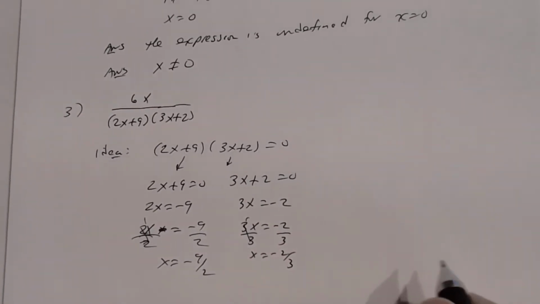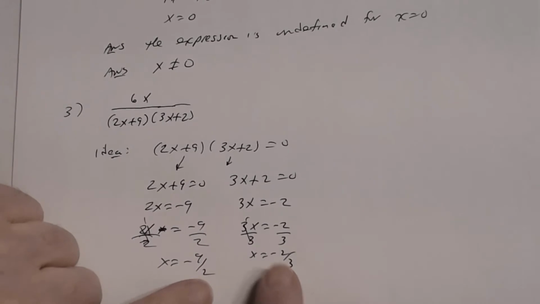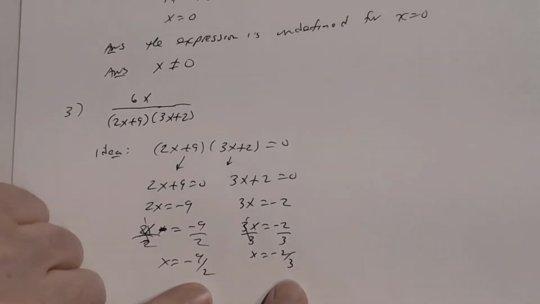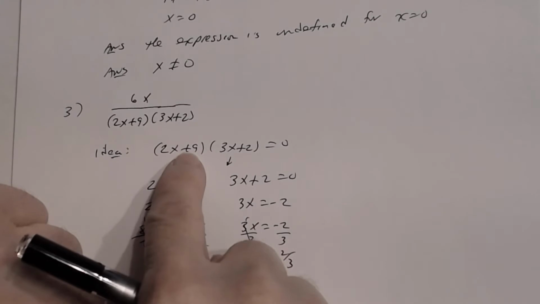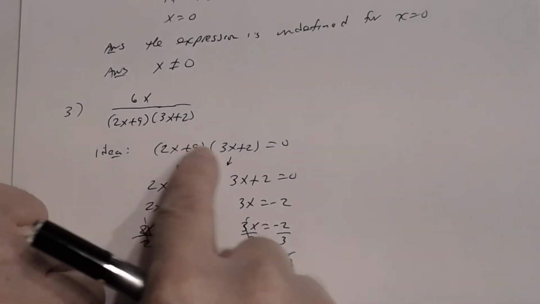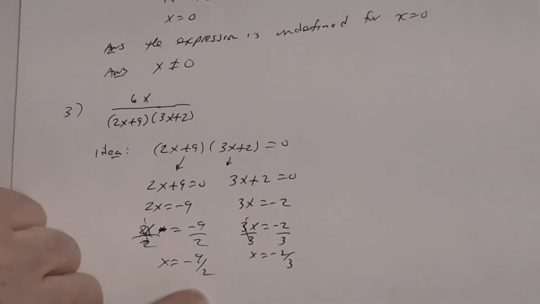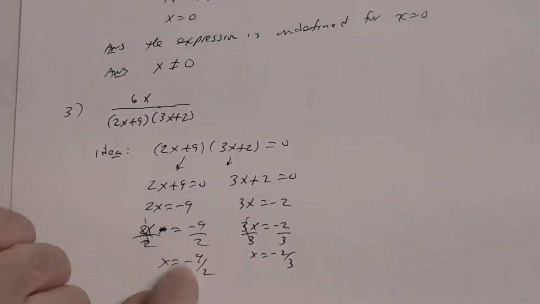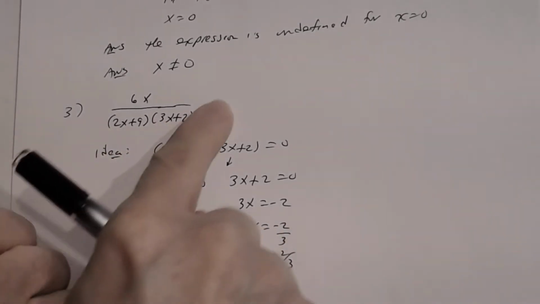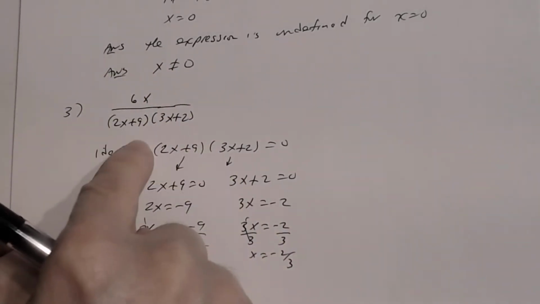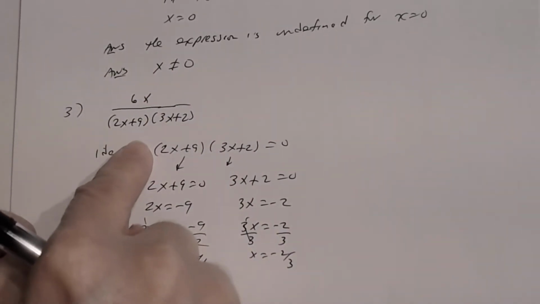All right. Now let me remind you what that means. You got to know what those two numbers for x mean. Remember how we got them? We got them by setting the denominator equal to 0. That means that x equal negative 9 halves makes this denominator 0, which means that the rational expression is undefined.